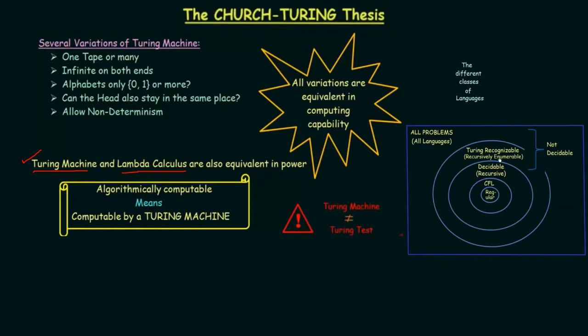All of this leads to one answer: all variations have equivalent computing capability. So even if a Turing machine has many tapes, or is infinite in both ends, or accepts alphabets other than 0 or 1, or has a tape head that stays in the same place, or allows non-determinism, it will still be called a Turing machine, and still be equivalent to the Turing machine that we have seen.